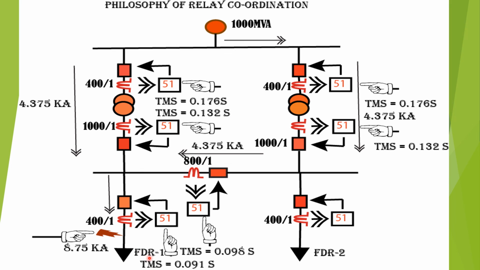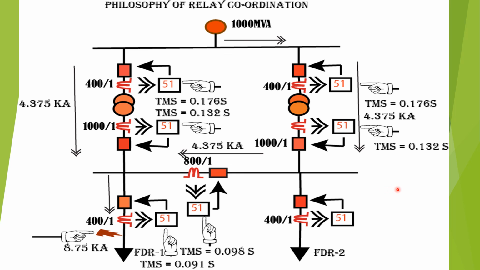Now let us summarize the value of the TMS for the overcurrent relay coordination, considering the trip time at the feeder as 200 millisecond. For the feeder, the TMS value comes as 0.091 second, for the bus coupler the TMS value comes as 0.098 second, for the LV side overcurrent relay of the transformer it comes as 0.132 second, and for the HV side overcurrent relay it comes as 0.176 second.